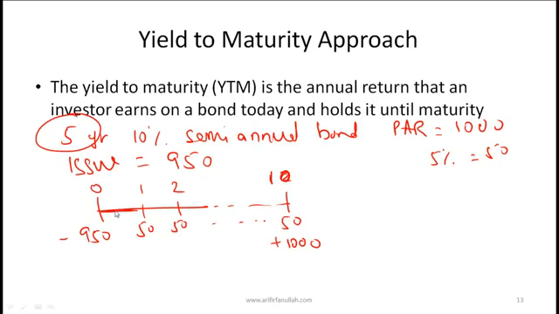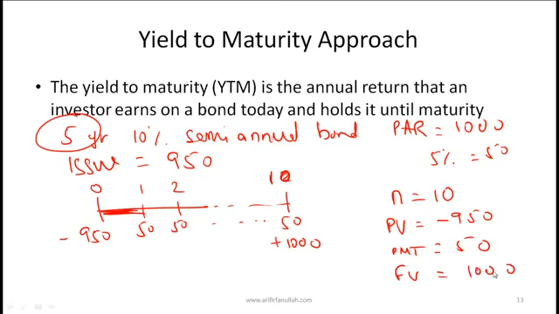And to calculate the YTM, we first calculate the 6-month yield. That 6-month yield you basically calculate using your calculator. So plug in N is equal to 10, your PV is equal to minus 950, your payment is equal to 50, FV is equal to 1000, and you have to compute the interest rate.